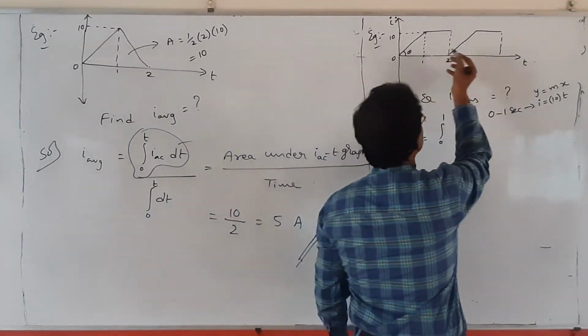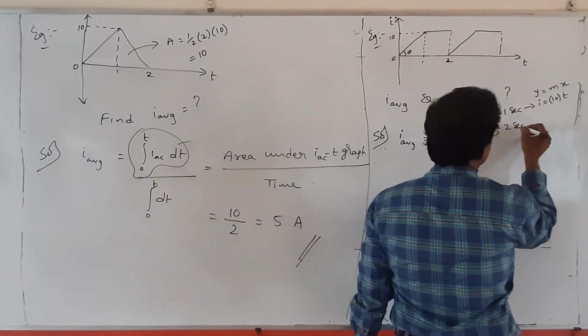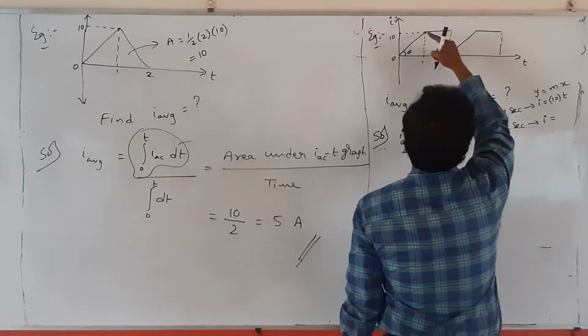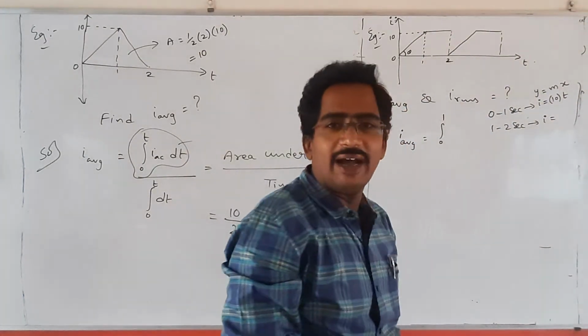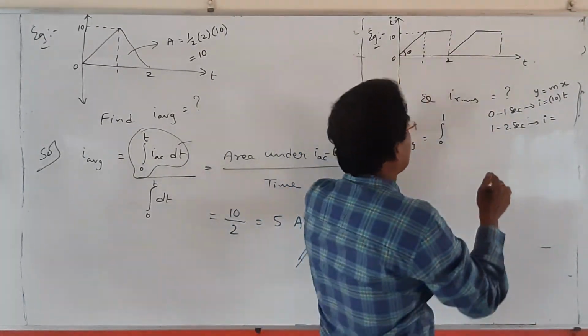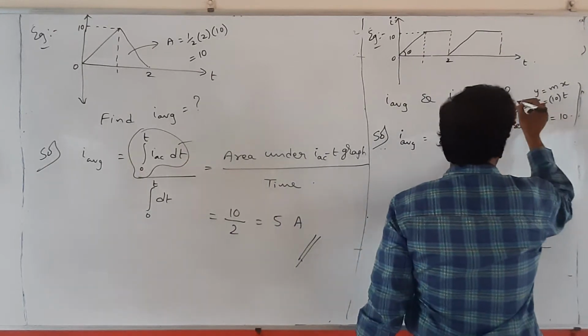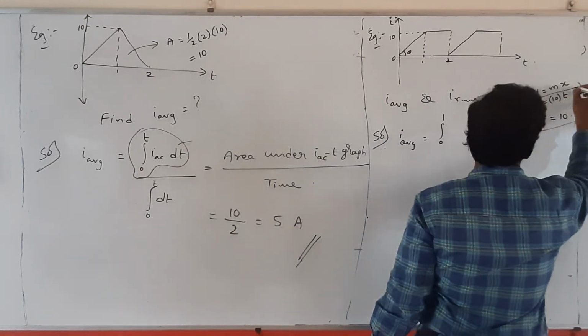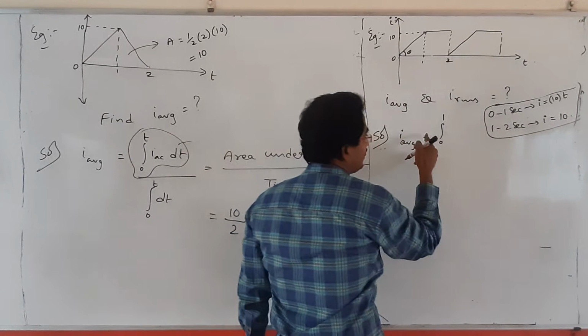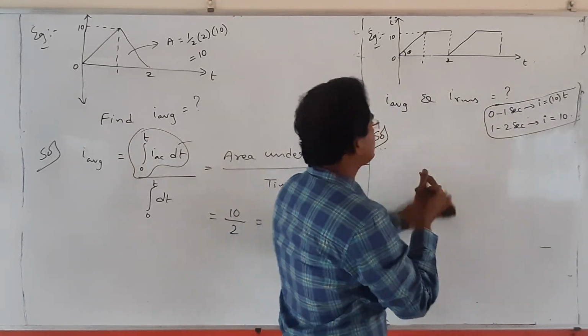Next, 1 to 2 seconds. The current value is constant. How much? 10. So now apply this. What is the I average formula?